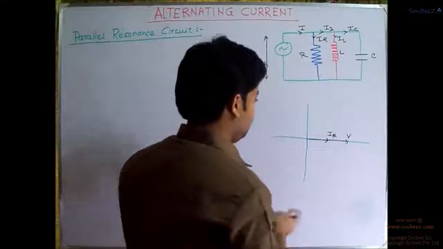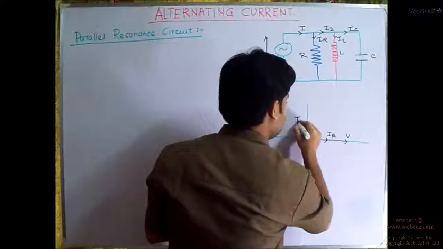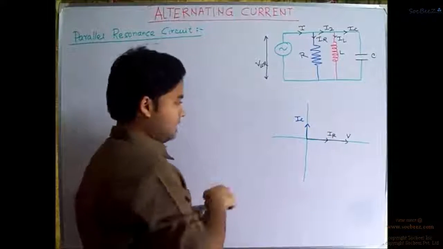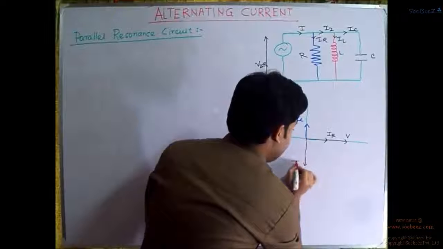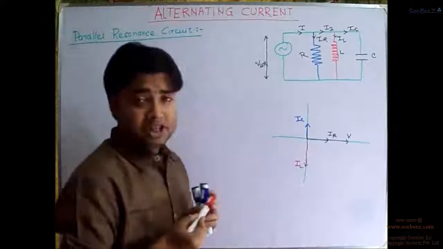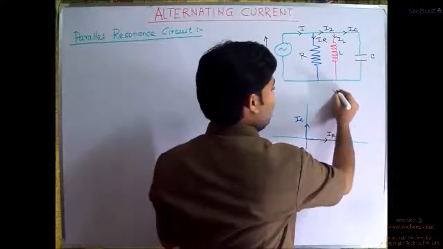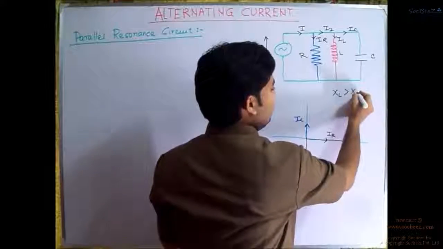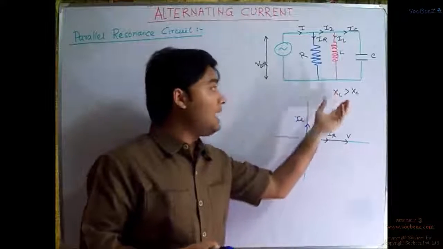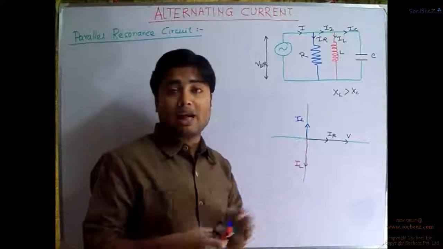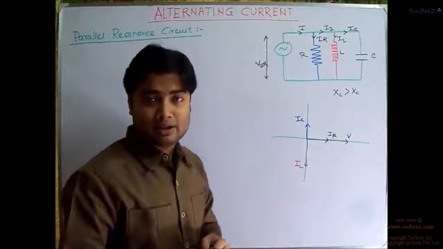So over here we could say this will be, for example, IC, and this will be, for example, IL. Now if it is taken into consideration that XL is greater than XC, which indicates that the inductive reactance is greater than the capacitive reactance, then obviously IL will be greater than IC, right?